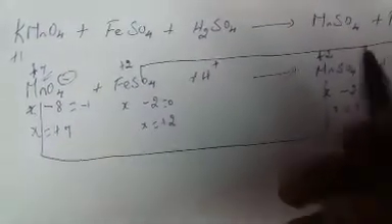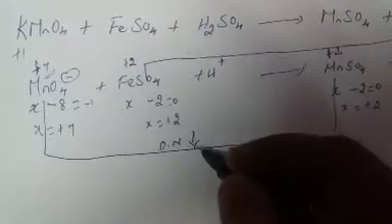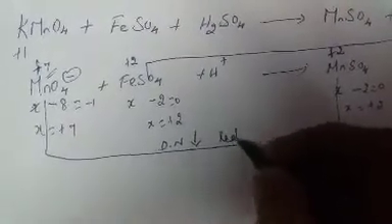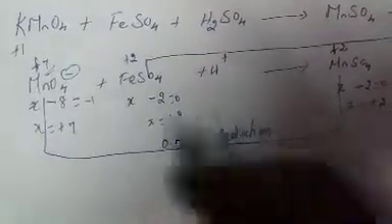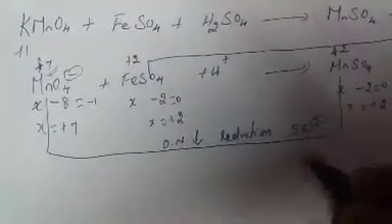Here the oxidation number decreases from plus 7 to plus 2. If the oxidation number decreases, it undergoes reduction. The difference is 5 electrons.